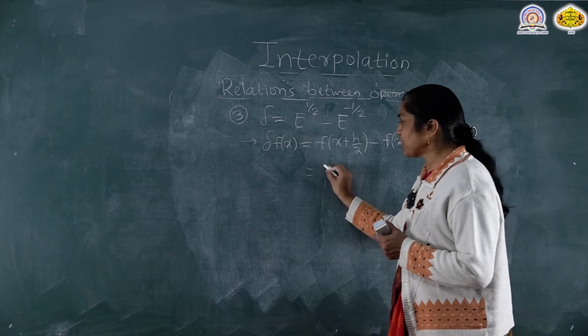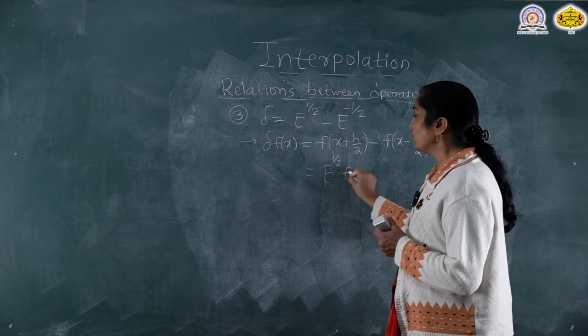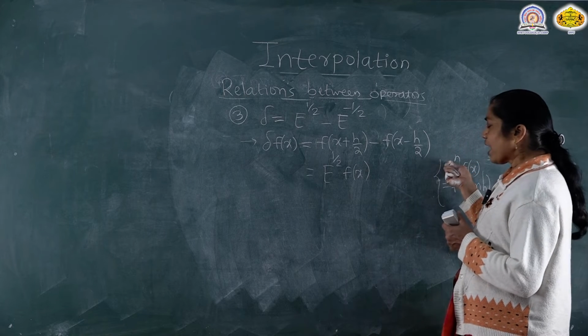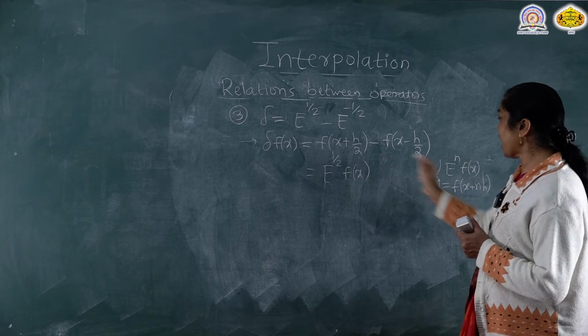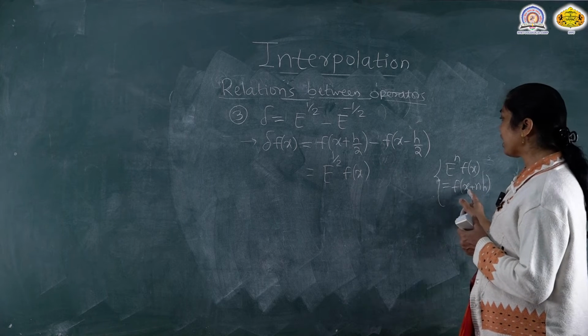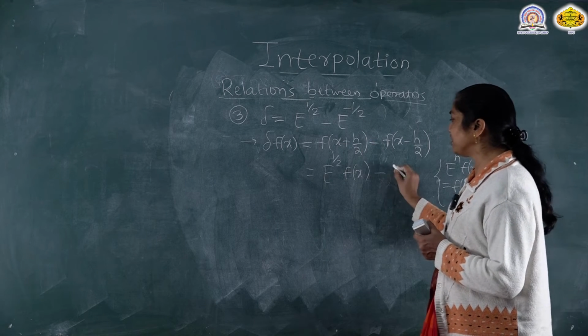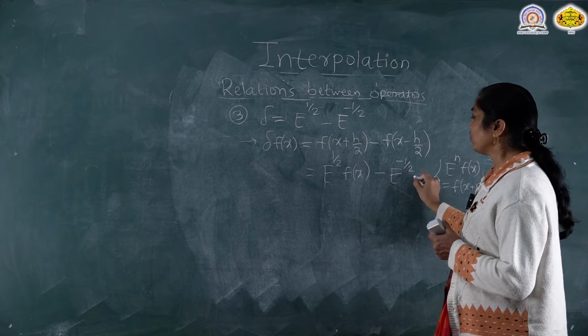What is f of x plus h by 2? This is nothing but E raised to 1 by 2 of f(x). So E raised to n gives f of x plus nh, so if you put n equal to 1 by 2, we get f of x plus h by 2, and similarly f of x minus h by 2 is nothing but E raised to minus 1 by 2 f(x).